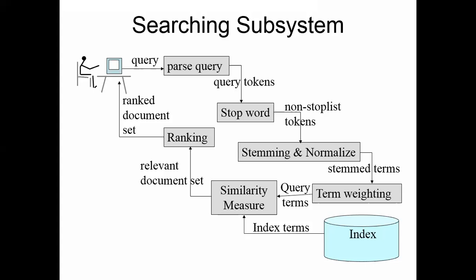Cosine similarity, which is widely used, can help us calculate the similarity score between a given query, in terms of the query terms, and the document collection, in terms of their index terms. For each document, using its index terms, its similarity with the query is calculated.